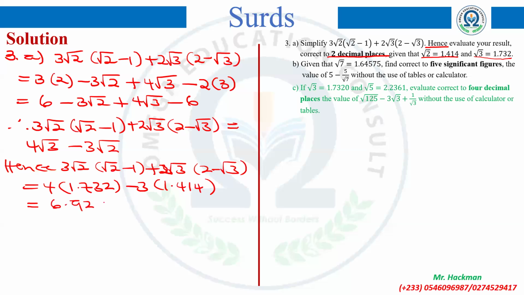76.928. Then minus 3 times this. We shouldn't waste time on this. Let me check, am I recording? 4.242.